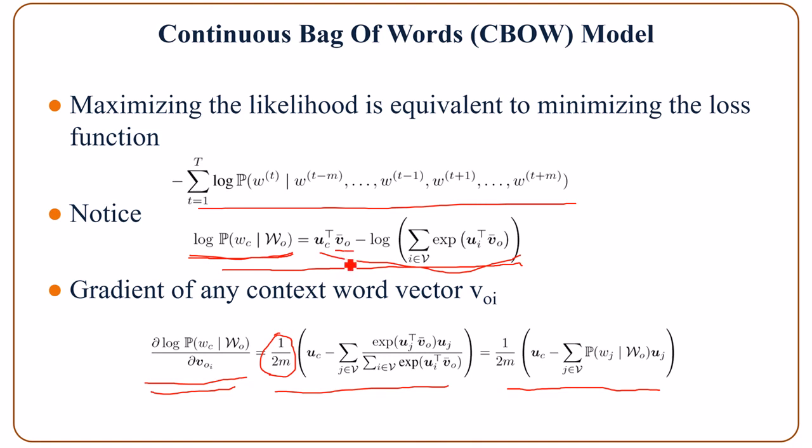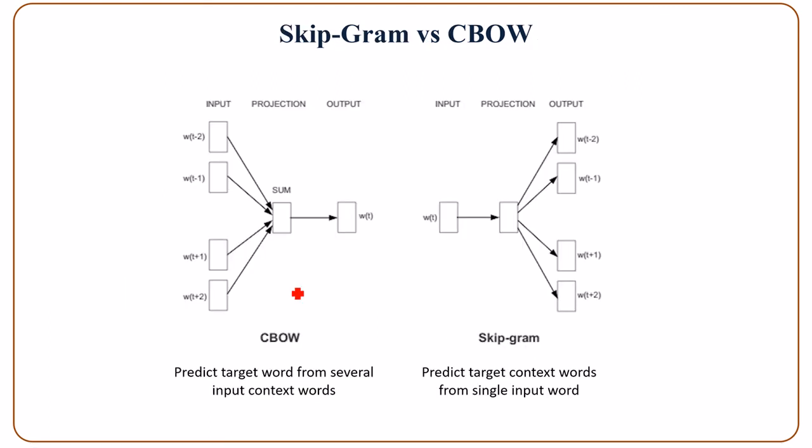So when we take the derivative with respect to just VOi, then only the term 1 divided by 2M is left. This slide compares the two models, skipgram and CBOW. In CBOW, we predict the target word from several input context words, while in skipgram, we predict target context words from a single input word.